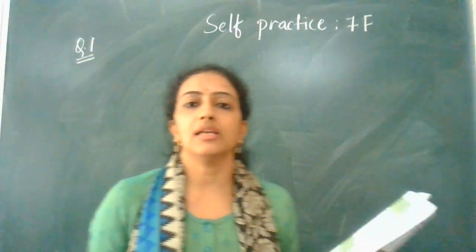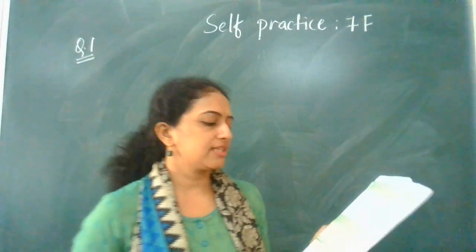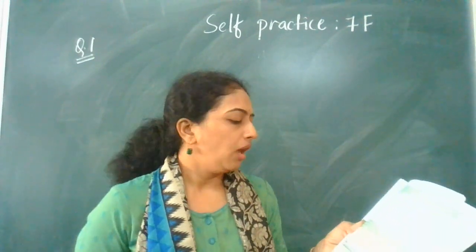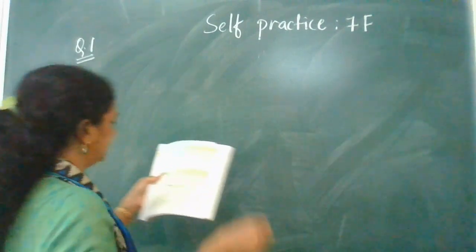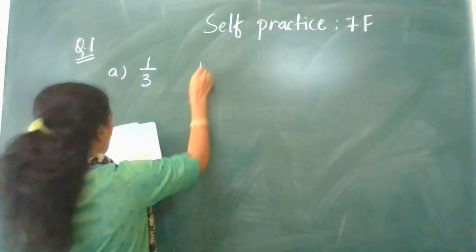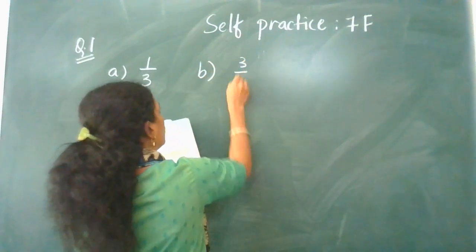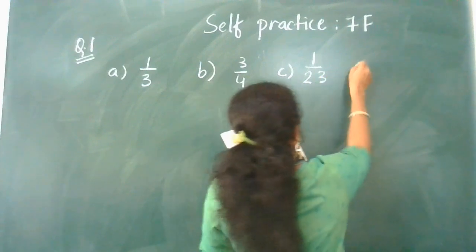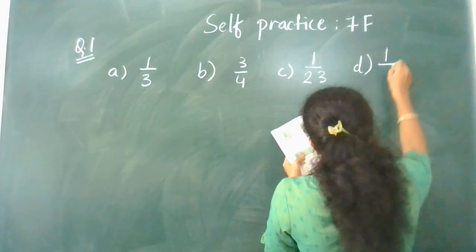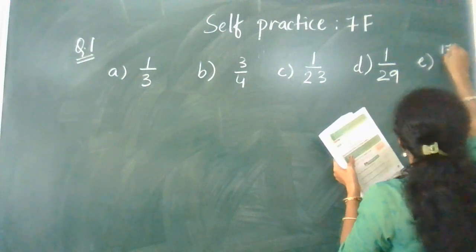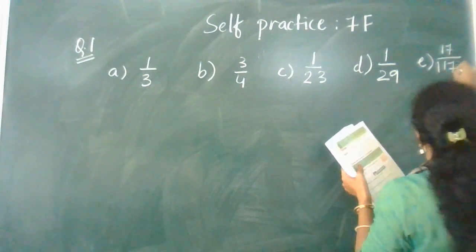Question 1 is to be done in the textbook itself, because you just have to pick the questions which are unit fractions. Okay, so we have A 1 upon 3, B 3 upon 4, C 1 upon 23, D 1 upon 29, and E 70 upon 117.